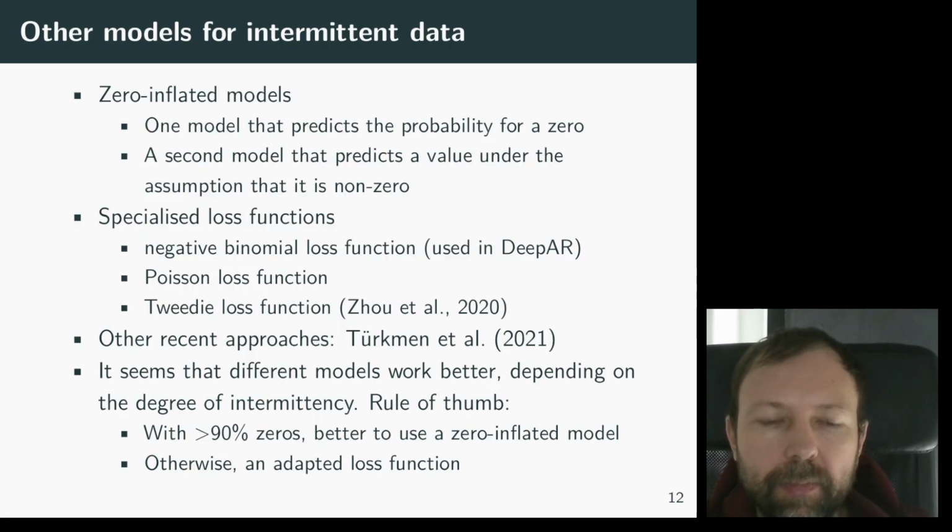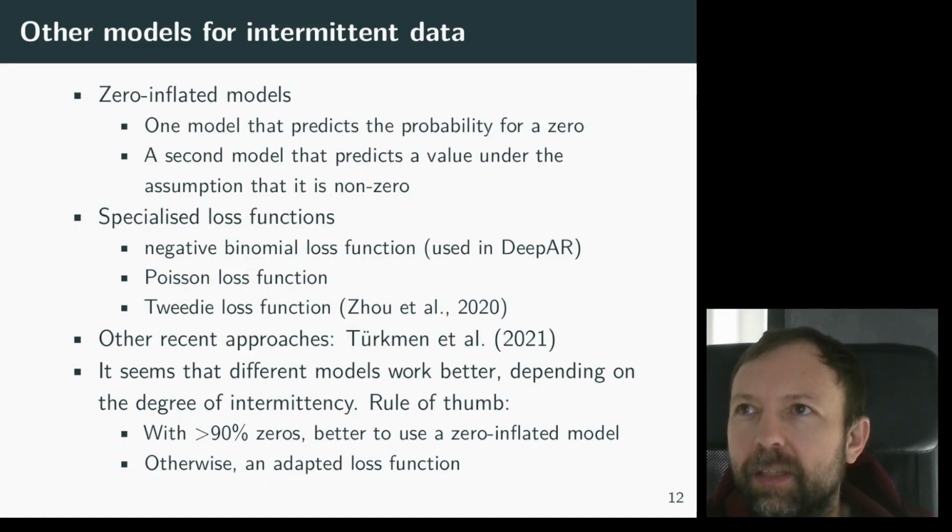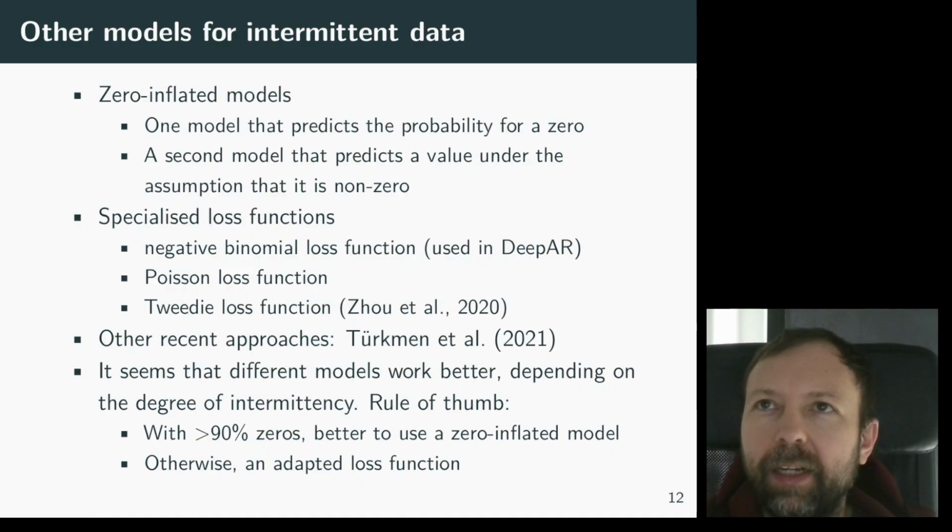And one thing I want to mention is that it seems that different models work better depending on the degree of intermittency, right? Because intermittent can mean many things. It can mean 30% of my data is 0. It can mean 55% of my data is 0. It can mean 95% of my data is 0.